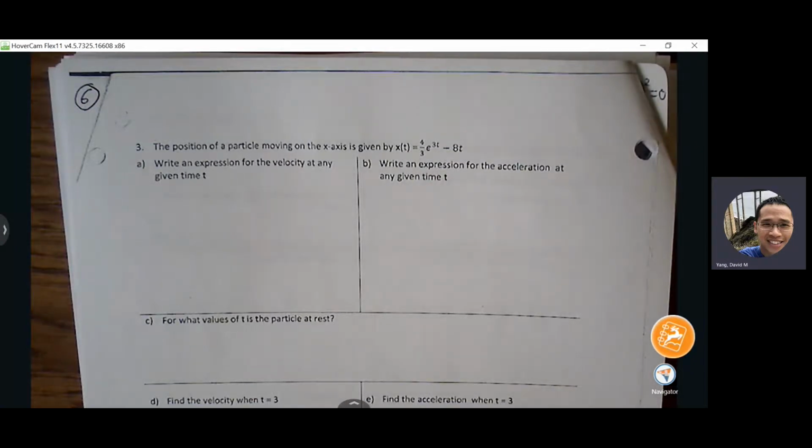Okay, page 6 in your test review packet. The position of the particle is moving along the x-axis given by x of t. Write an expression for the velocity at any given time. So that just means we got to find the derivative.